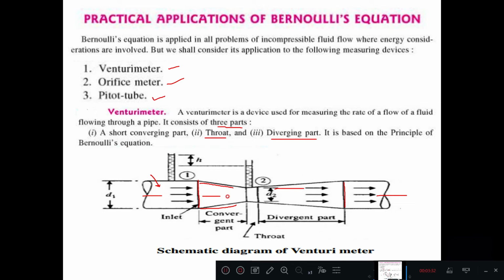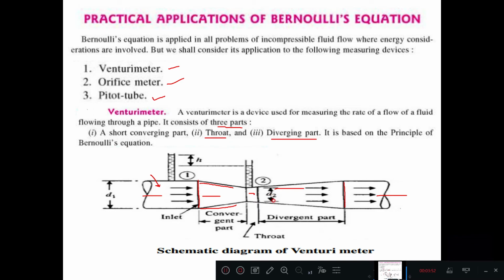The velocity reaches a maximum value at the throat, and the pressure is minimum here. The throat is followed by a diffuser, which restores the pressure as nearly as possible to the original value.